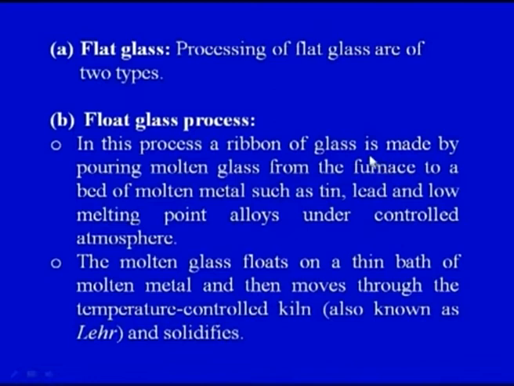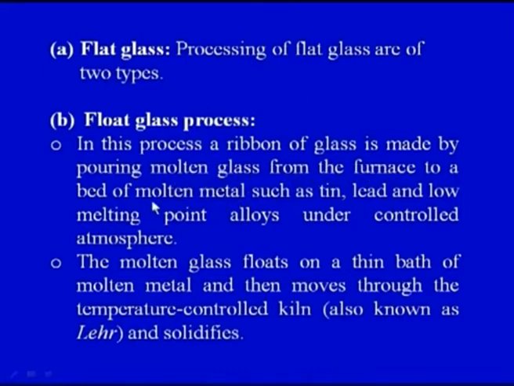I have already told that furnaces are used to melt the raw materials which will further be formed into the given shape, and this particular process is focusing on the flat glass, and the name of the process is float glass process.